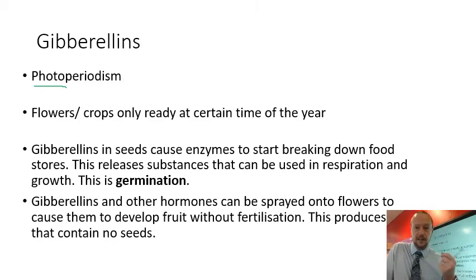And again, it links to evolution. So different flowers, different crops are ready at different times of the year. So we can use this to kind of trick the plant to make it produce flowers when we want, not when the plant has evolved to. And we can make it produce fruit when we want to, and not necessarily when the plant has evolved to.